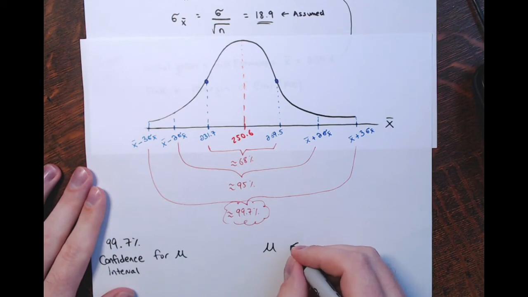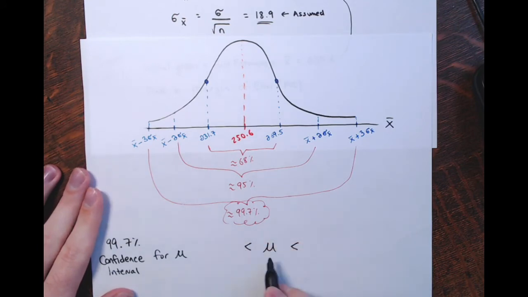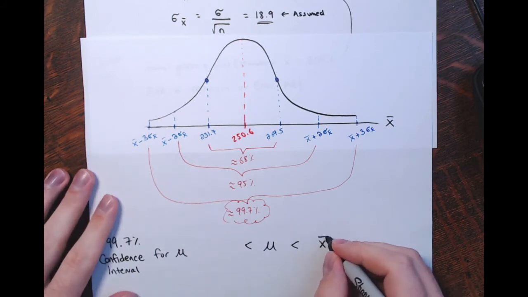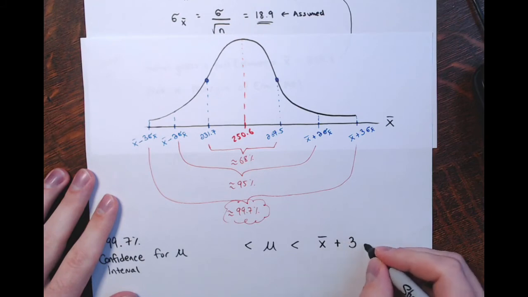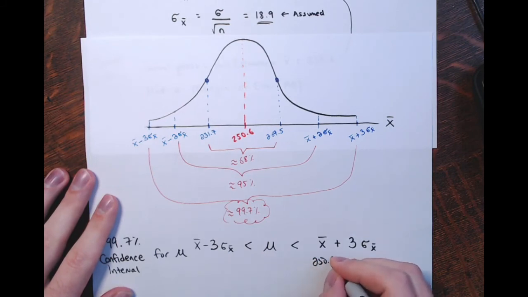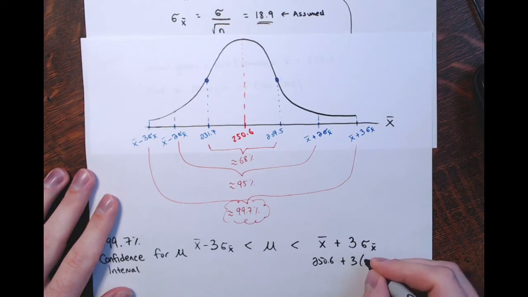So we're going to guess that mu, the population mean, is between our sample mean plus 3 standard deviations, we'll figure that out, and our sample mean minus 3 standard deviations. So this is 250.6 plus 3 times 18.9.